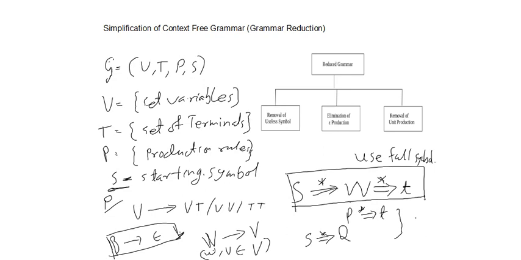Then that particular production is known as unit production. The grammar should not contain such production rules. We should eliminate those productions. So now we'll see with the example.